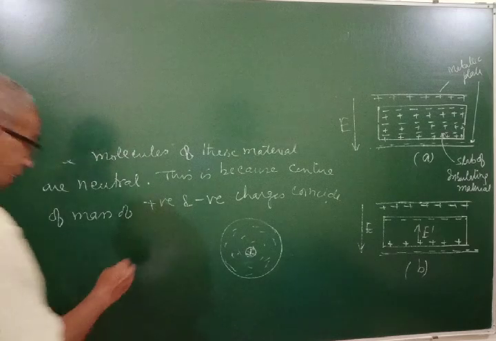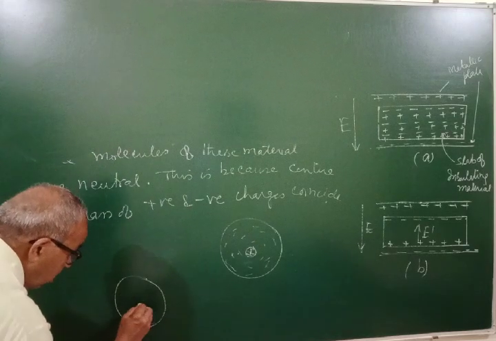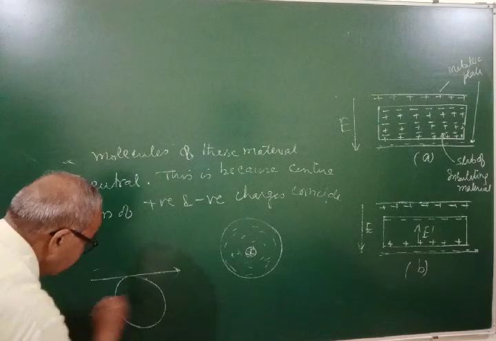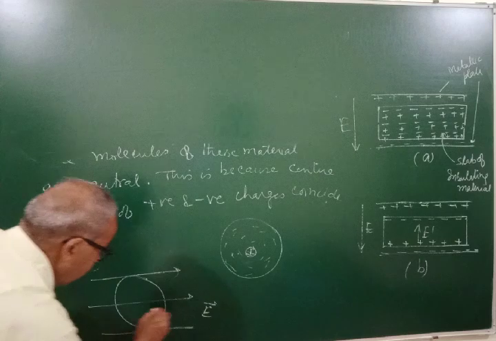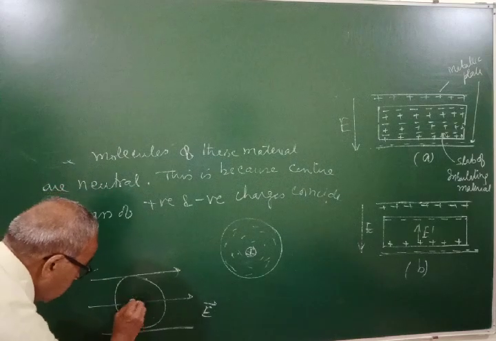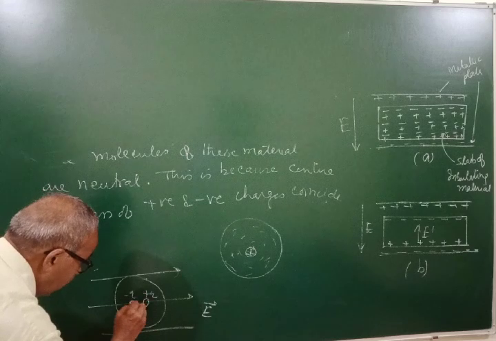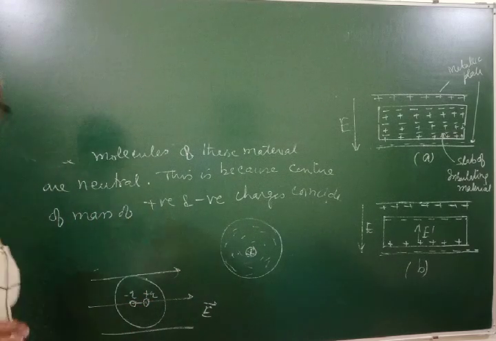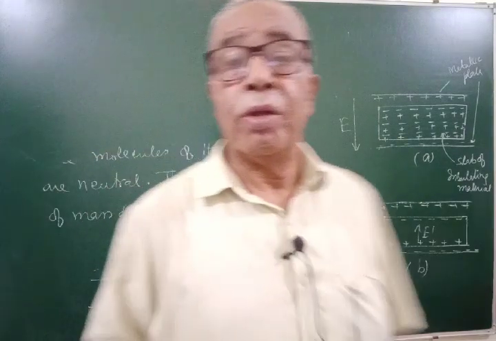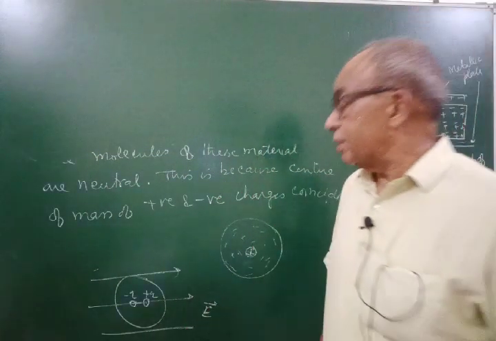But when we apply an electric field, suppose the field E is this way, they induce a dipole, plus q charge and minus q charge. Why? Because the centers of mass of negative and positive charge get separated.